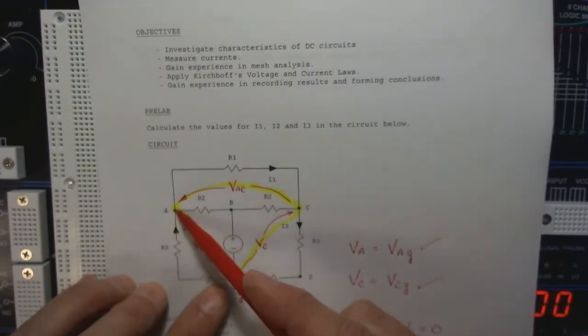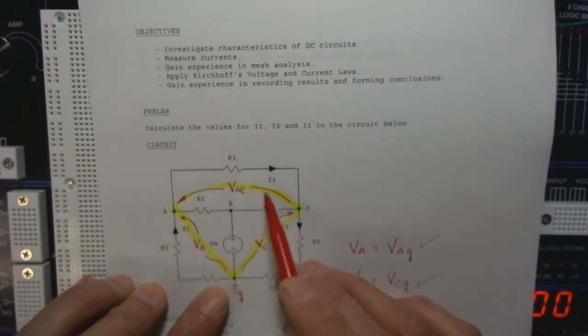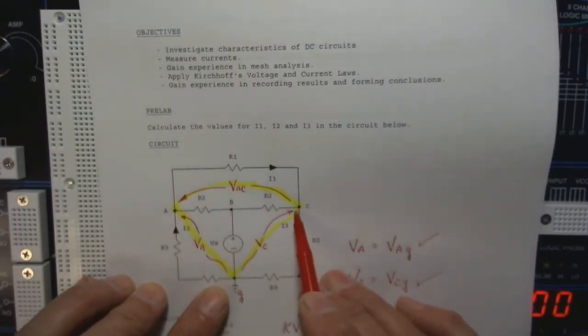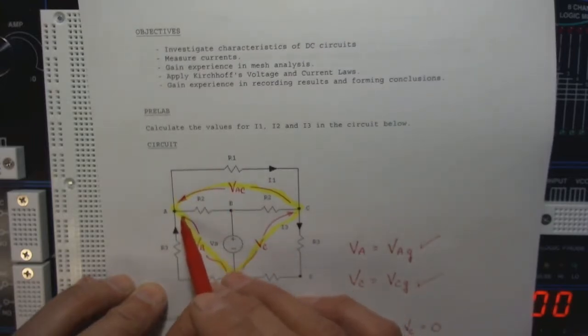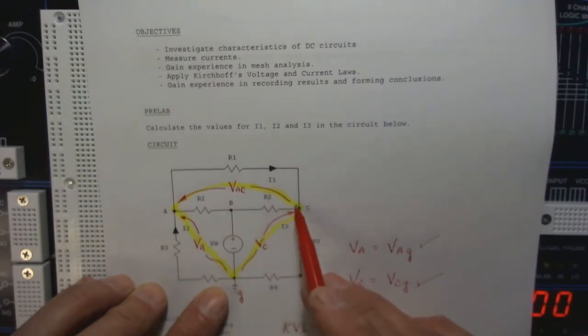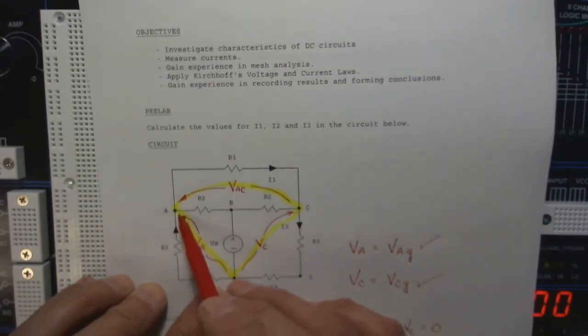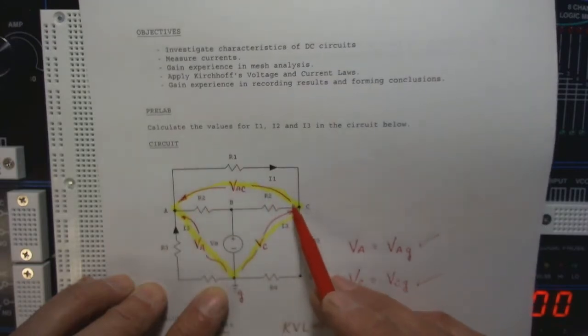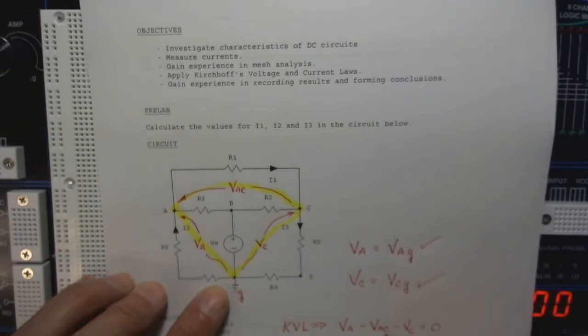I've gained VA, so that's my VA term. And then as I go from there to there, I am dropping because I'm going opposite the arrow. Here I was going with the arrow, so it's a positive. Here I'm going opposite the arrow, so it is a negative. So there's positive VA, then from there to there is minus VAC, right there, minus VAC.